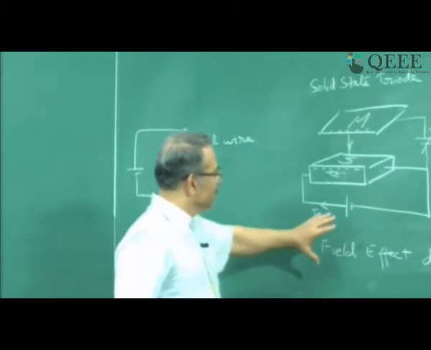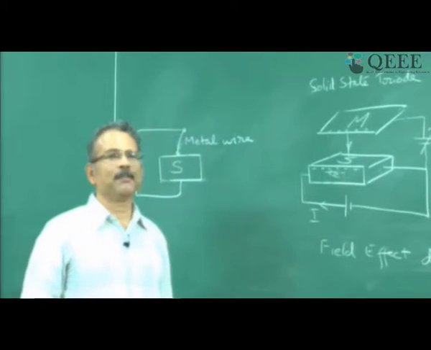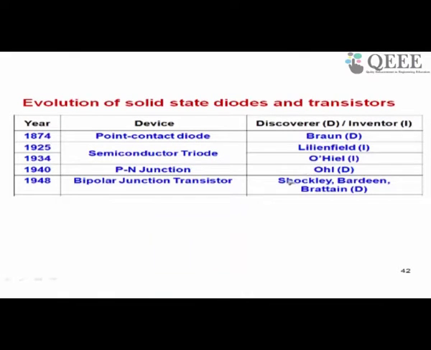So trying to realize a field effect device, these 3 scientists, Shockley, Bardeen and Brattain, discovered the bipolar transistor. It was an accidental discovery, right? You are trying to realize a solid state triode of this type, but they discovered a solid state triode of another type. Bipolar junction transistor is also a triode, right? Because 3 terminals.